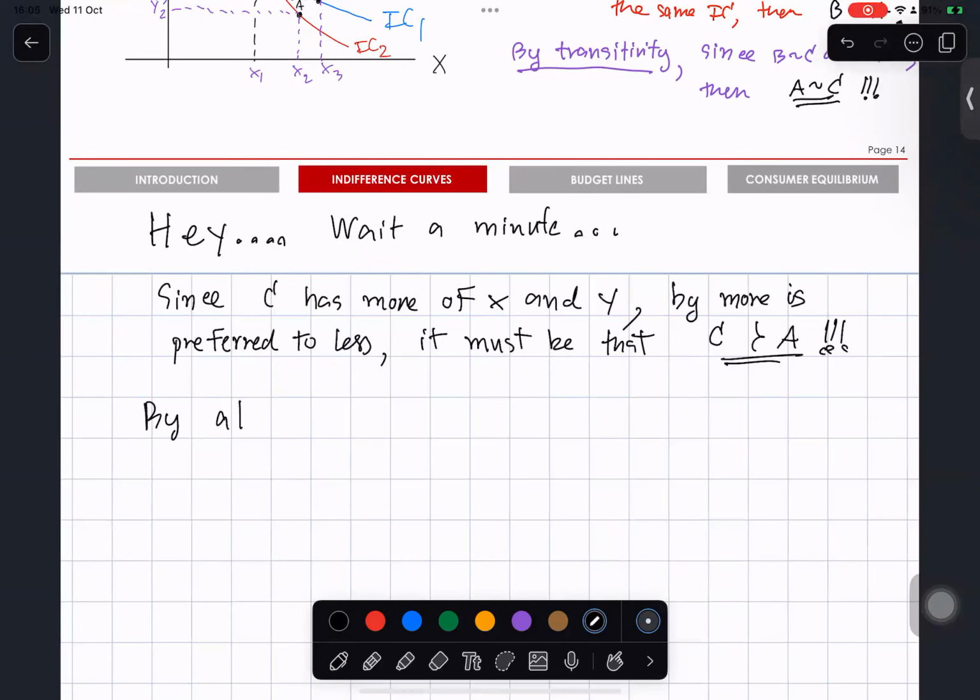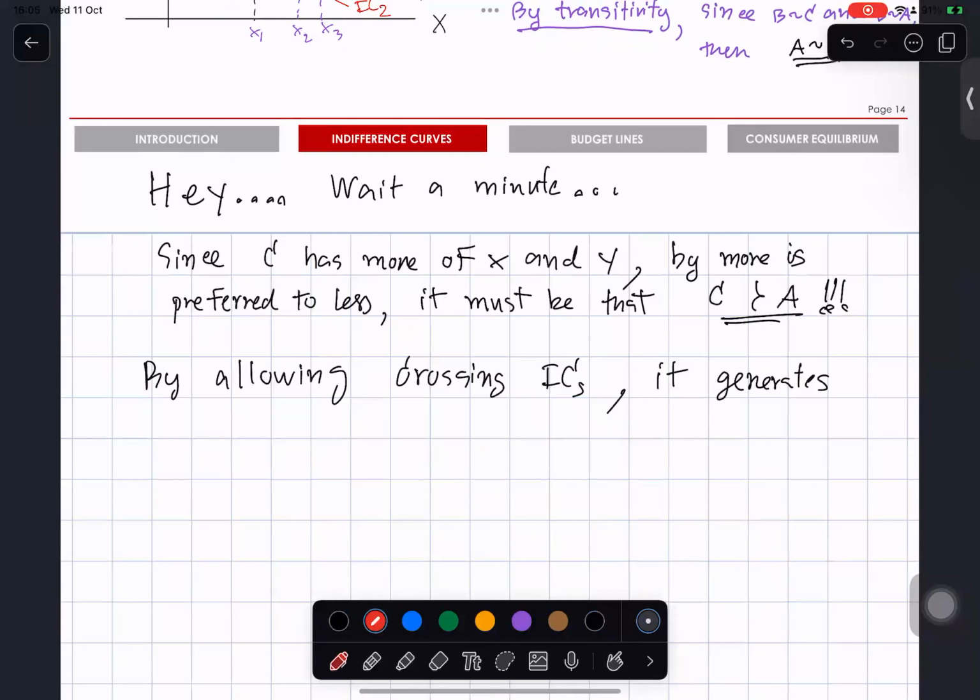By allowing crossing IC, it generates a contradiction.